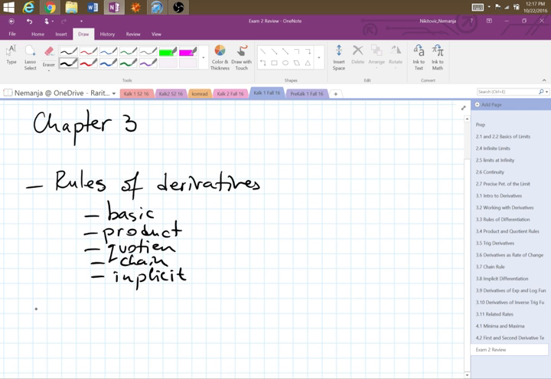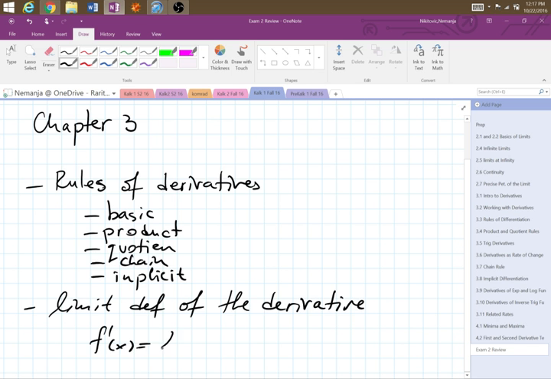Then we are going to have the limit definition of the derivative. We are talking about good old f prime of x is equal to limit h goes to 0 of f of x plus h minus f of x divided by h.